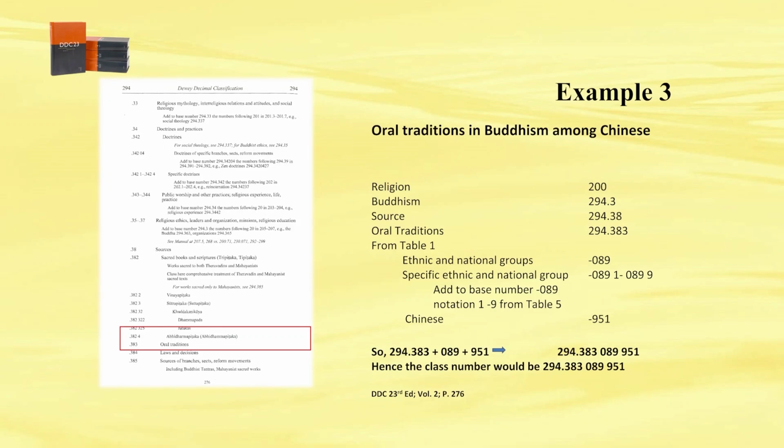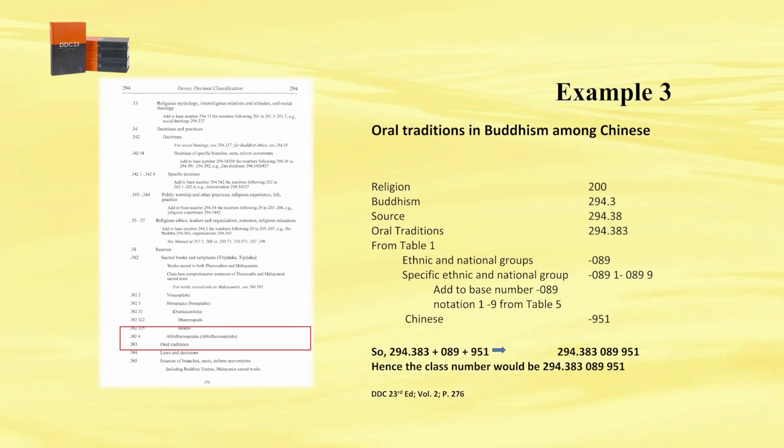In Table 1, there is the number 089, that is ethnic and national groups. Under 0891 to 0899 there is an instruction to add to the base number 089 notation 1 to 9 from Table 5, which is dedicated to ethnic and national groups.